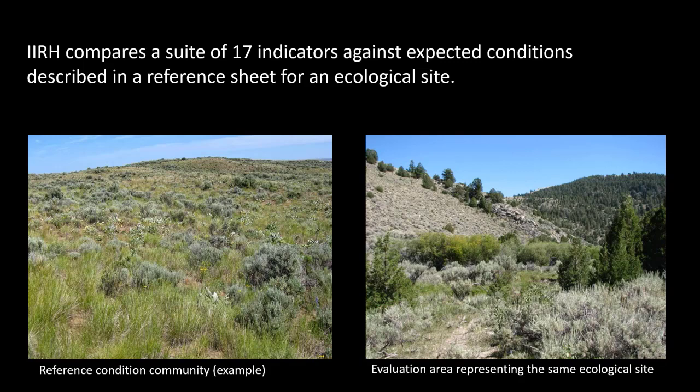The hypothetical evaluation area on the right might show departure in expected condition for indicators related to vegetation composition, such as the functional structural groups and invasive plants indicator, because absence of fire in this case has allowed trees to increase beyond what is expected for the site under the natural disturbance regime.